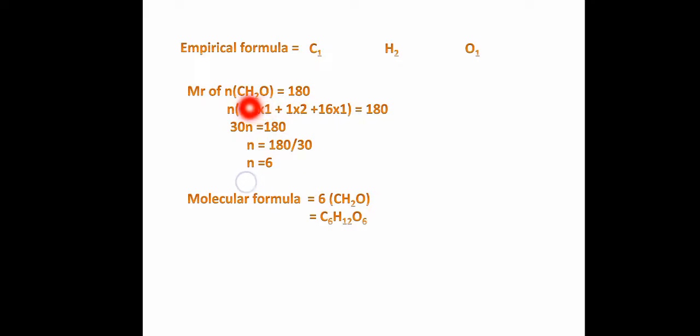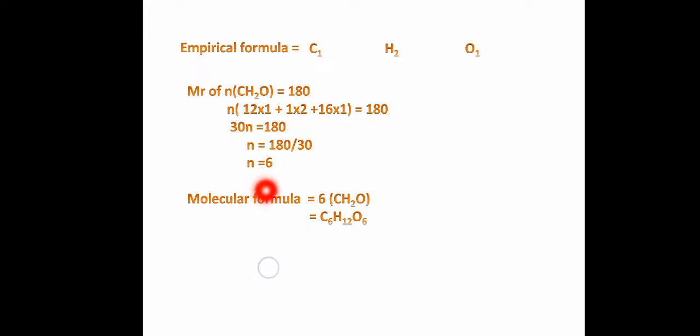Then you are going to substitute each chemical symbol with the actual atomic mass, and then you are going to multiply that out. You would get 30n is equal to 180. You make n the subject of the formula, work that out, and you would get n being equal to 6.